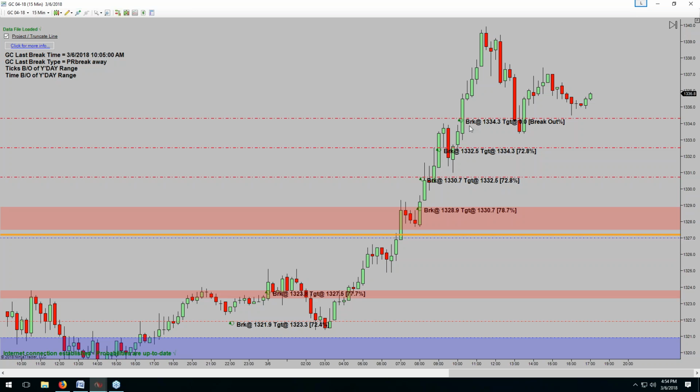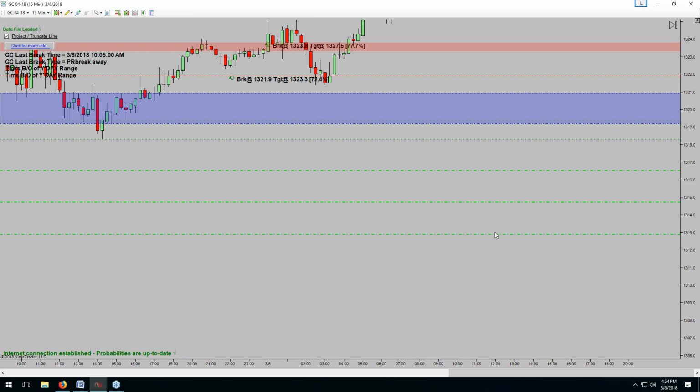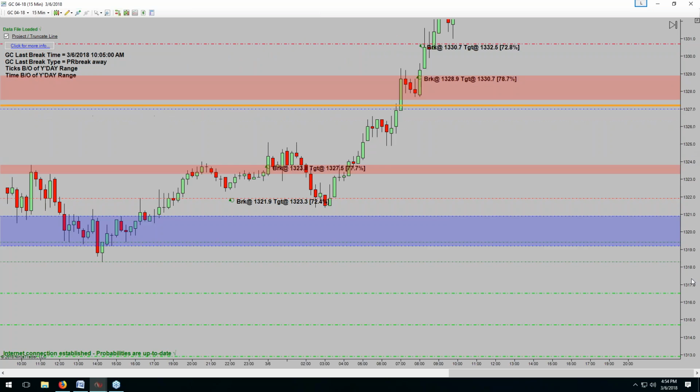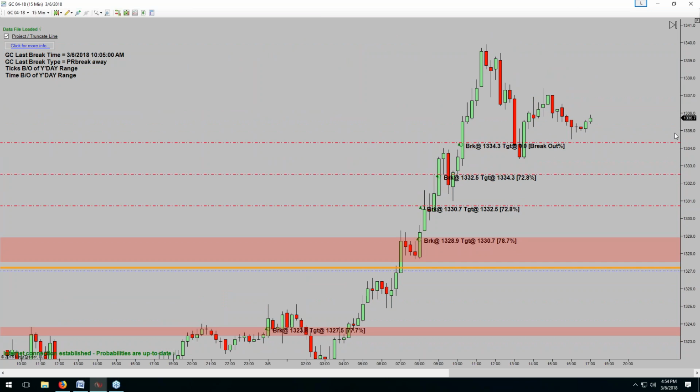Based on this breakout here, you'll see we have no more targets above us. Remember I said we have those top 3 lines. We don't go any further than that. And then we've got the lower 3 green lines, and there's nothing under that, and then there's nothing above here. So you'd have to use your own information for other resistance areas once you get above that.